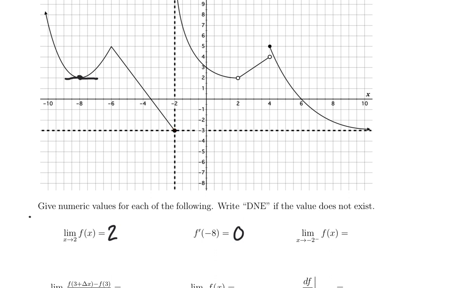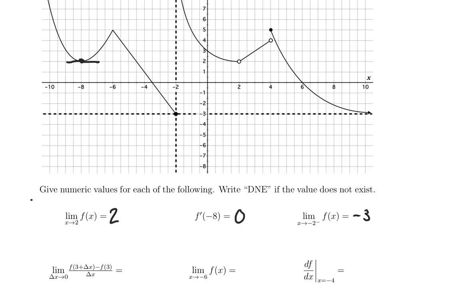So I'm going to say as x approaches -2 from the left side, it goes all the way down to -3, all the way to that solid point. So f of -2 as it approaches from the left side is equal to -3.